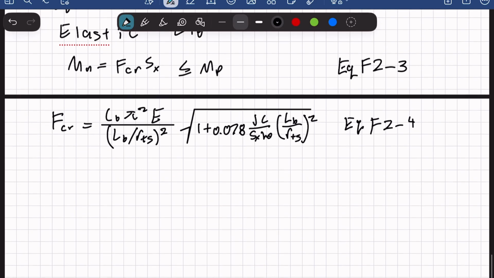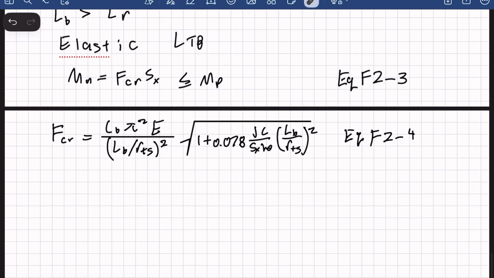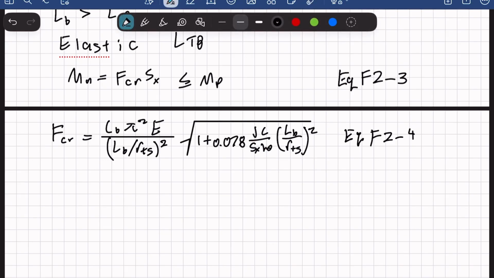And all these scary variables you're seeing, rts, J, c, Sx, actually c you have to know, c is just going to be 1.0 for doubly symmetrical I shapes. That's F2-8a.